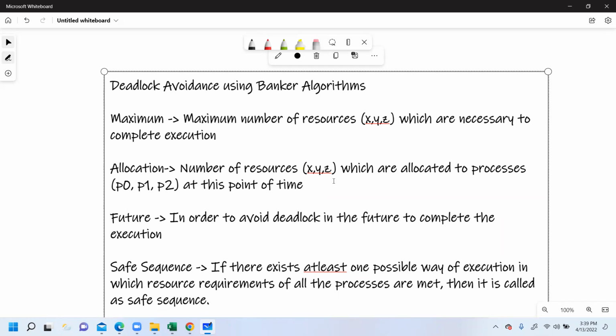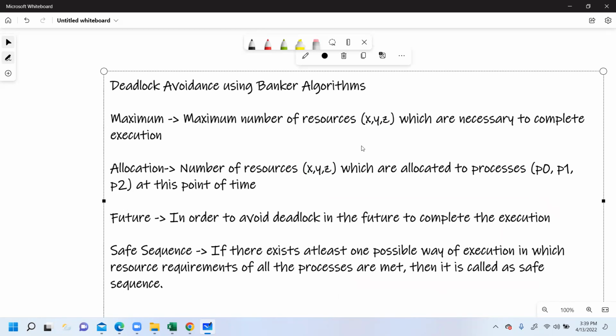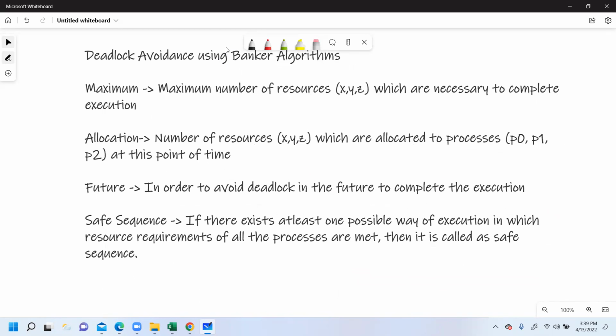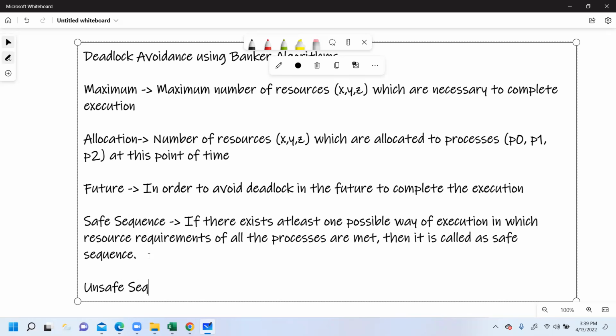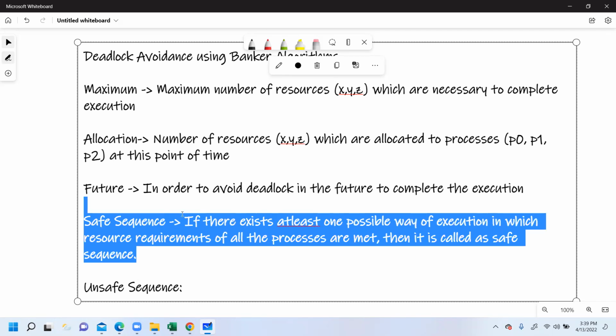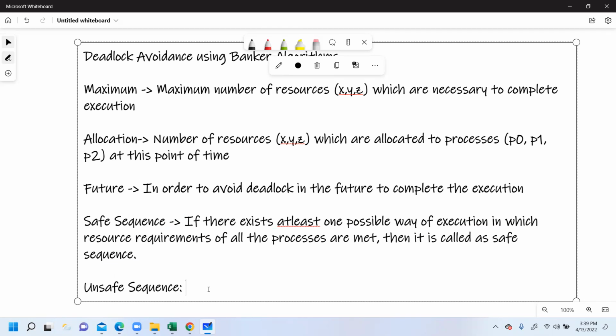So what is an unsafe sequence? These are the definitions given in the textbook. I'm just writing again here. What is an unsafe sequence? Again, it's the opposite.